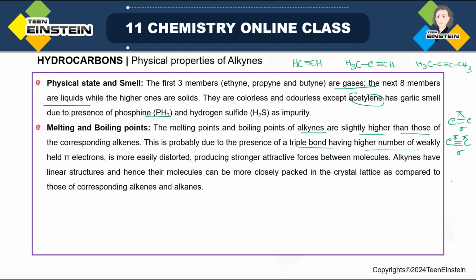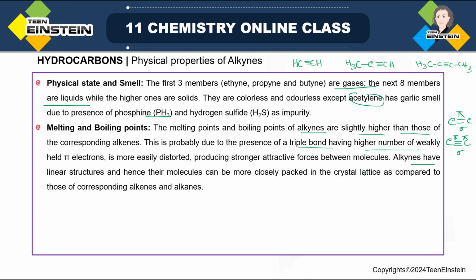As a result, when the electrons move to a particular side, there will be an accumulation of negative charge, and the side from where they have moved will have an accumulation of positive charge. So polarity generation will be easier. This is the reason why they have higher melting and boiling points compared to alkenes.